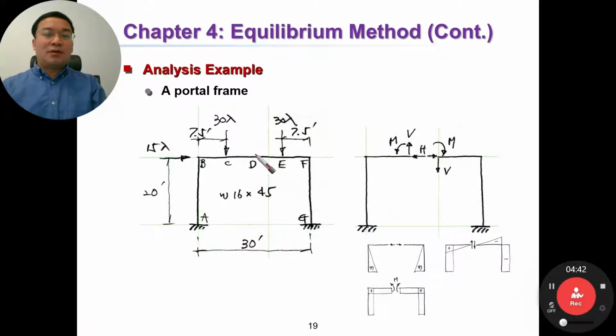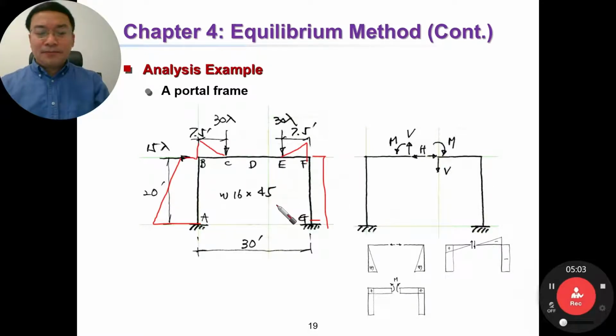Please plot it by yourself. I think it's not very difficult. Then you can plot it very easily. Okay, for example, here like this and like this, and here maybe like this, and also this and something like this. Okay, very simple. You can plot it.